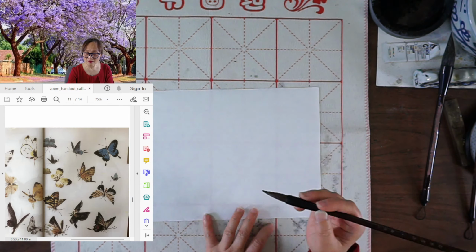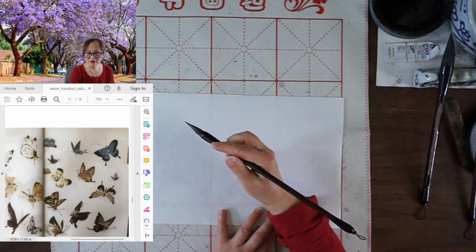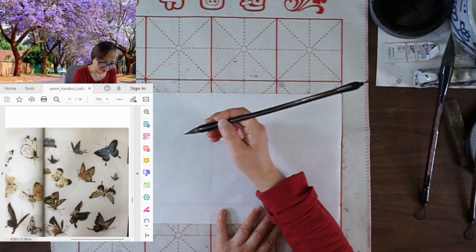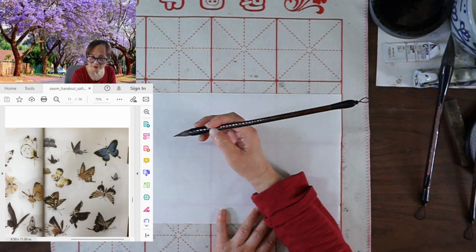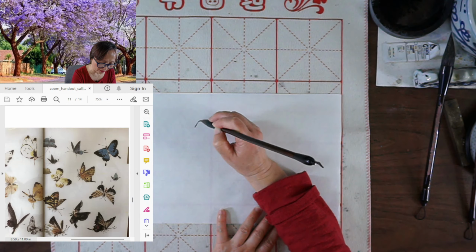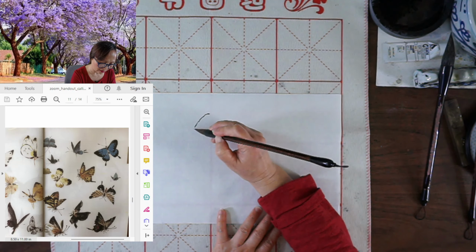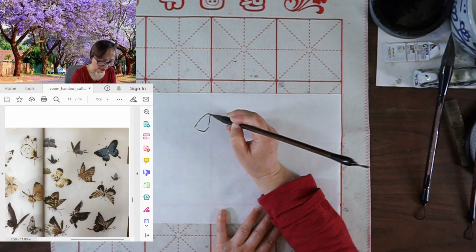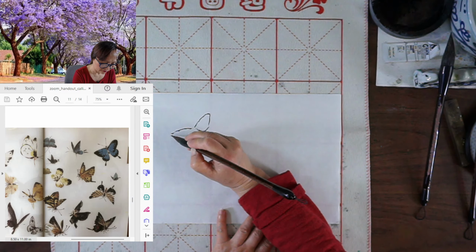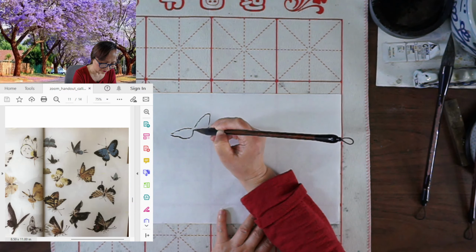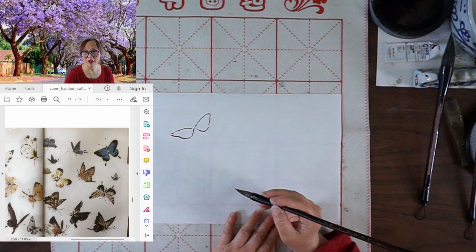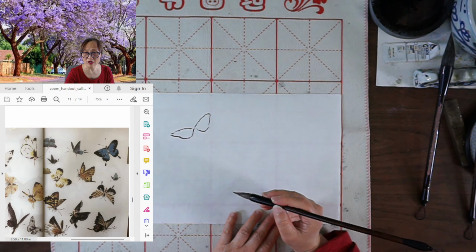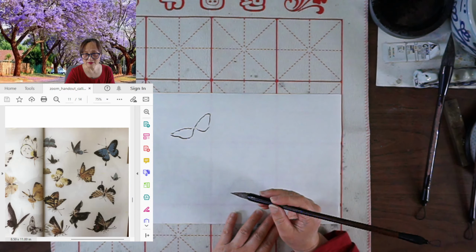The wings. Notice the shape. The upper pair, each different, but always a little bit bigger, right? The upper two are a little bit bigger. And the lower ones, the shape is a little bit different, smaller.